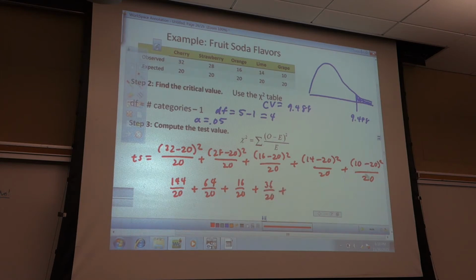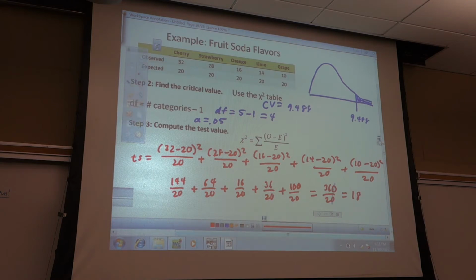And 10 minus 20 is 10, so 10 squared is 100 over 20. If I add those up, we'll get 64 and 36 is 100, plus another 100 is 200, plus 160, 360 over 20. And the zeros will kind of cancel out. I'm left with 36 over 2, which is 18. All right, so we got 18 here.